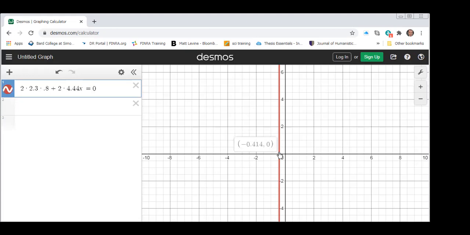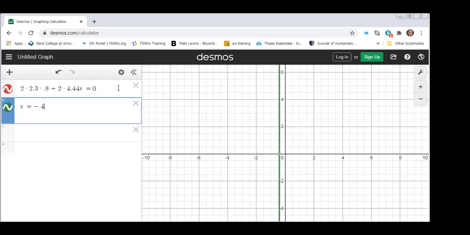So it gave me x equal to negative 0.414. And this is a rate, and of course x on Desmos means y prime. So I'm getting 0.414 meters per second, and the negative sign is because it's falling downward.